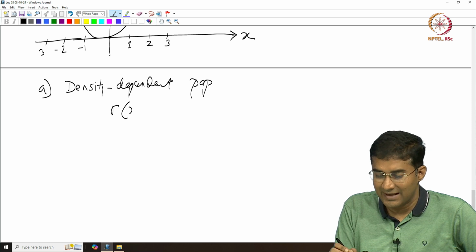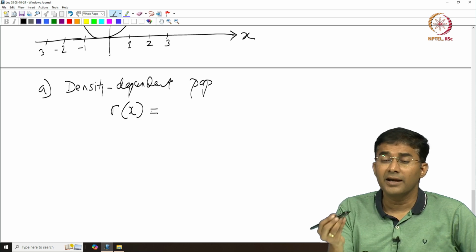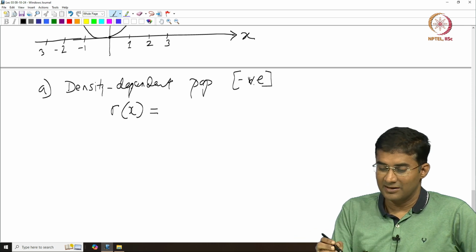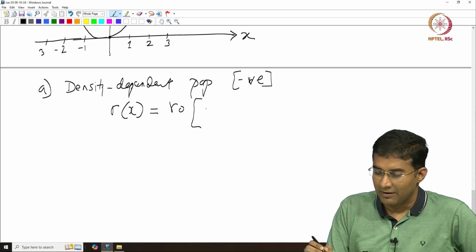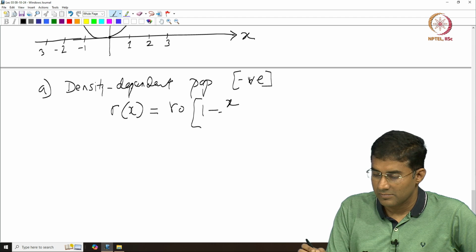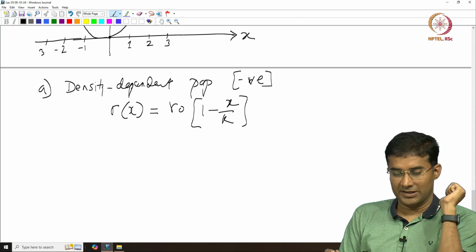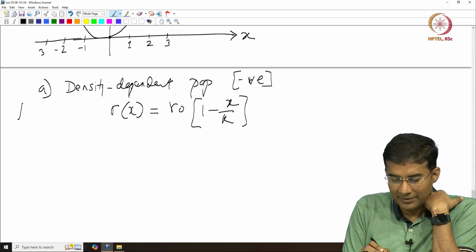The specific example being a linear negative density dependence. Negative density dependence, you remember we had this, right. Now, this is per capita growth rate, right, this is per capita growth rate.